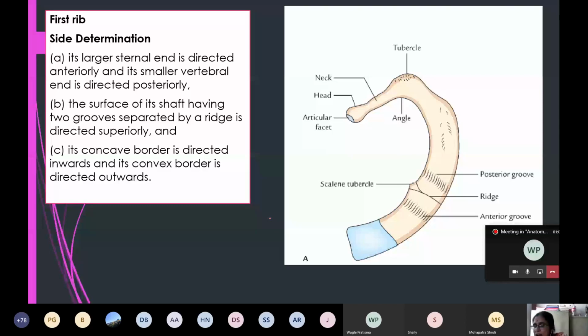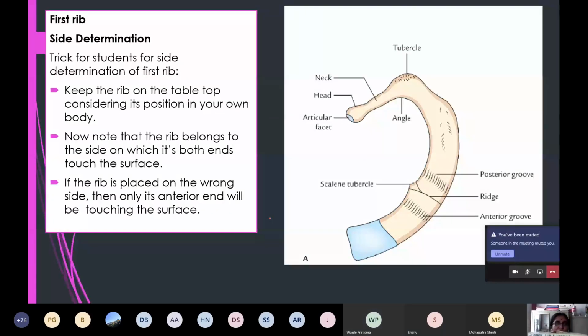Now another trick I'll give you so that you can remember easily in the exam. Can you see I have placed the rib on a flat surface, on a book? Are you able to see, my dear students?